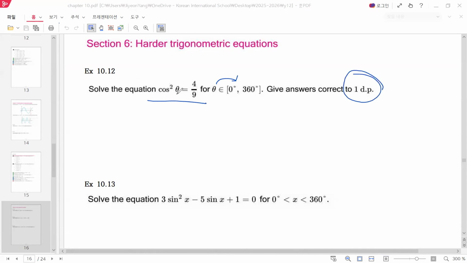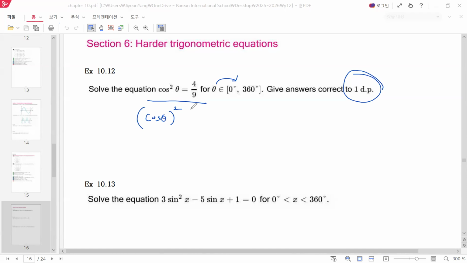Thank you so much. So cosine square theta means, students, cosine theta, squared, right? Cosine theta squared is different from cosine squared theta. How different are they? Yes, this one, the square only applies to theta.